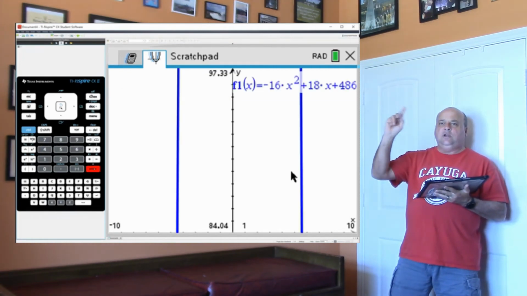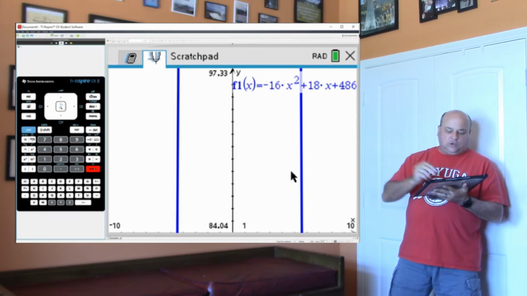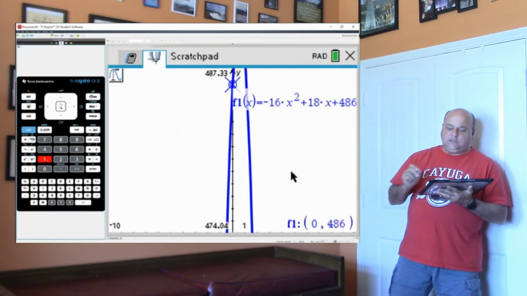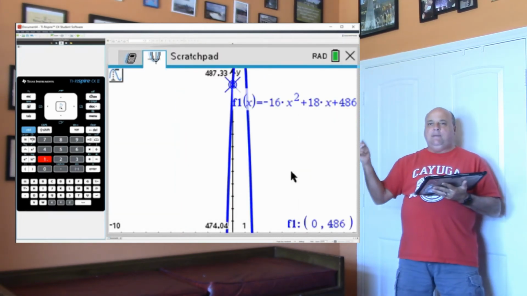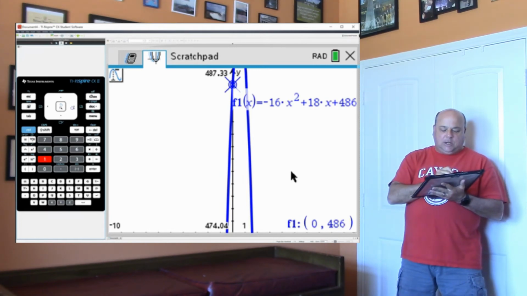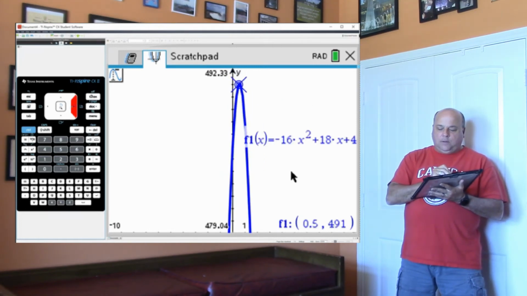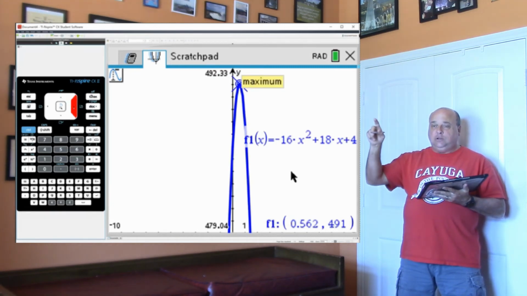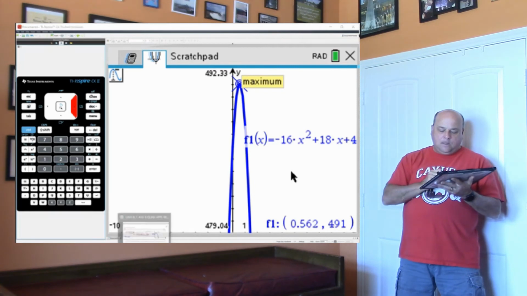Now I'm going to hit menu 5.1, or menu, trace, graph trace. Menu 5, 1, and boom, I'm at the 0, 486. I need to trace up and find the top of the jump. So I'm going to hit the right arrow button, and boom, there's the maximum, 0.5625 seconds at 491.